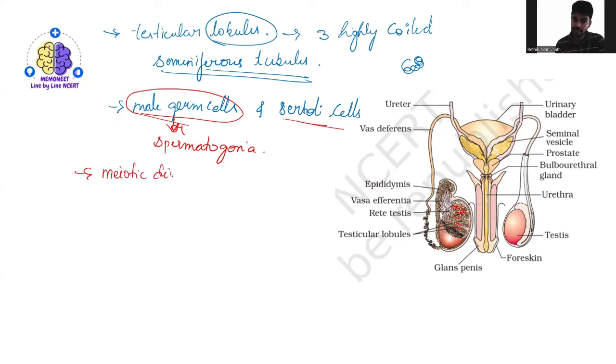Meiotic division. So the male germ cells undergo meiotic division, and after that it finally leads to the formation of sperm.